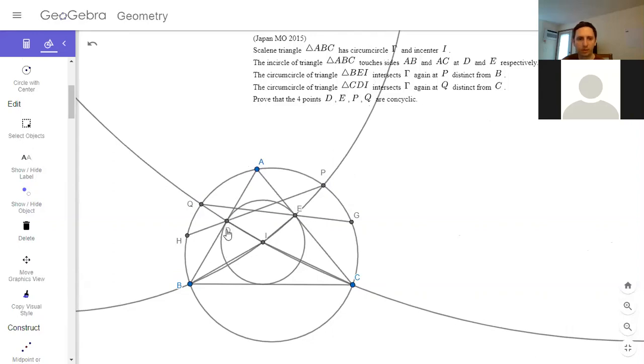All right. Yeah, we could show AI is perpendicular to GH. That would solve it, because we know AI is perpendicular to DE. Interesting.